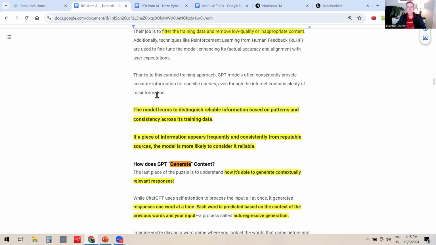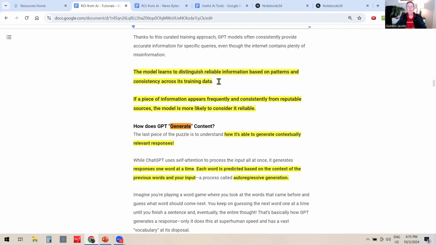And then thanks to this process, GPT models obviously provide consistent, accurate information. So the model learns to distinguish reliable information based on patterns and consistency across its data. So that's important to remember.